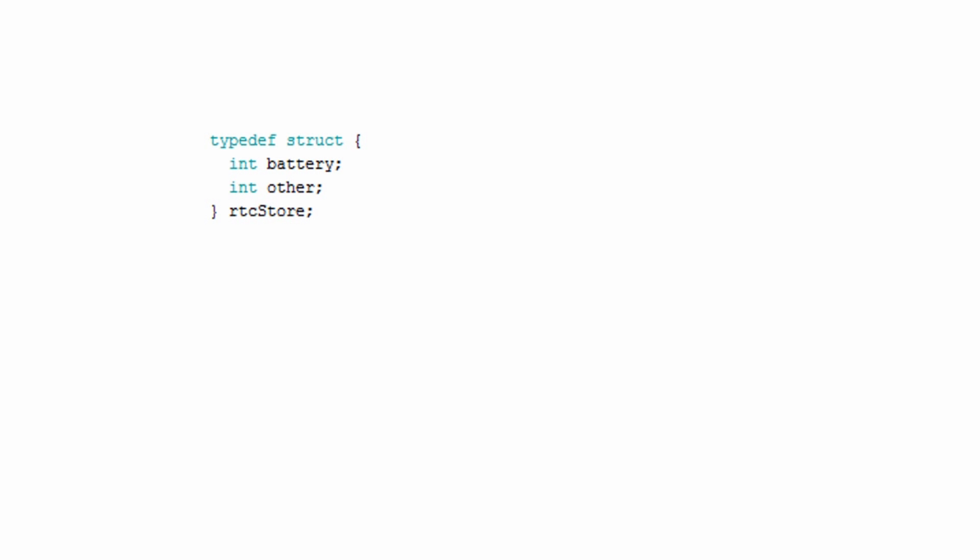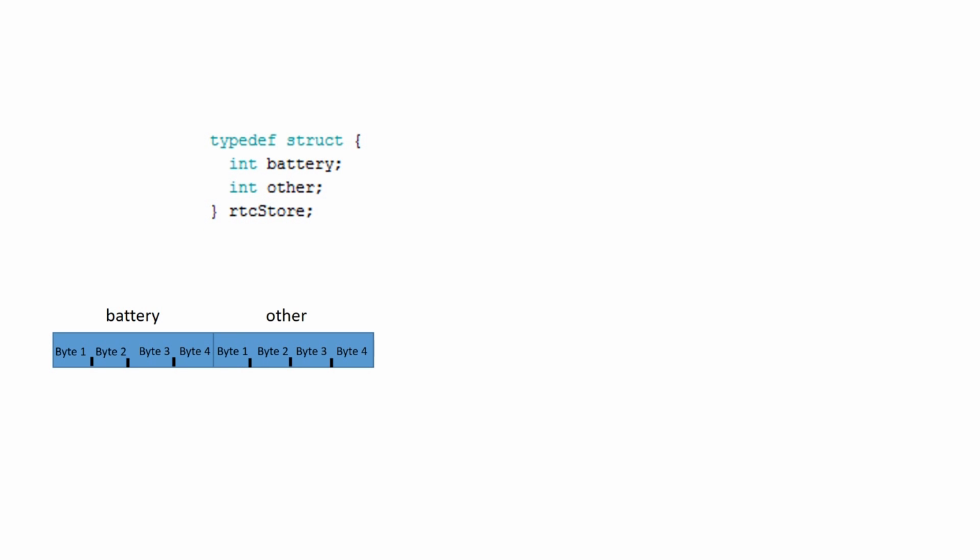It is a very simple principle. Let's assume we want to store two variables in RTC memory, battery and other. So we define our variables as normal, but typedef them as a structure. Just so you are not surprised, integer values are stored as 4 bytes in the ESP8266. The compiler then places the variables one after the other in memory as chunks of 8 bytes.